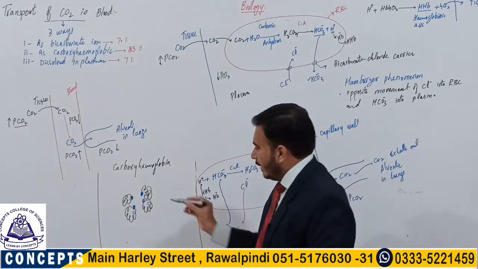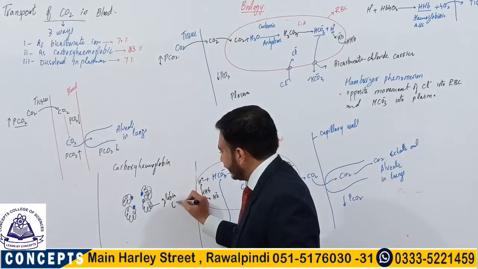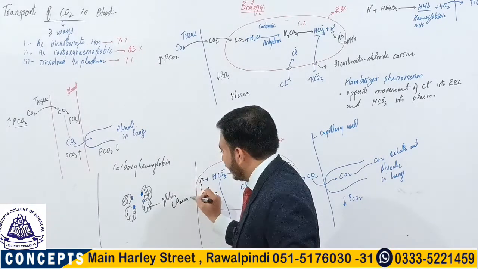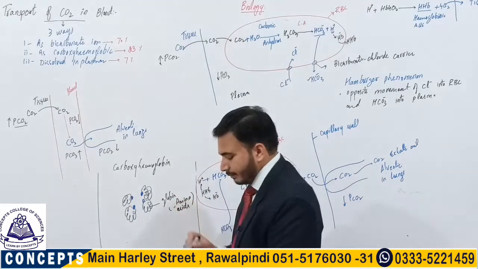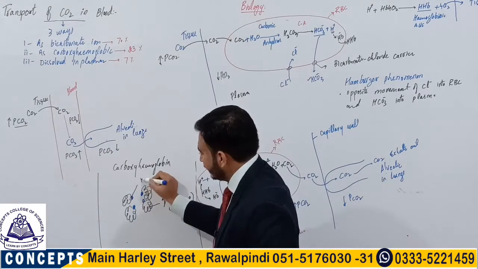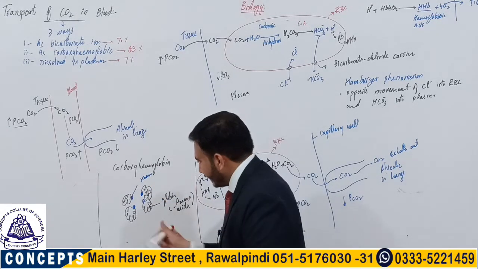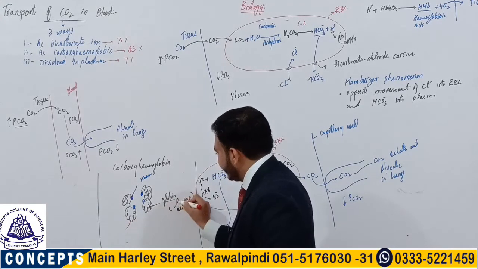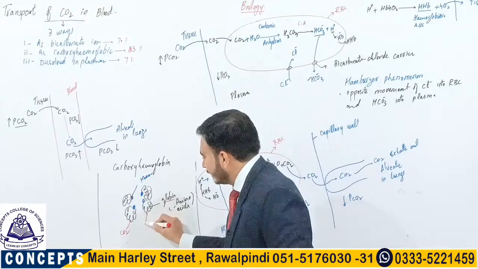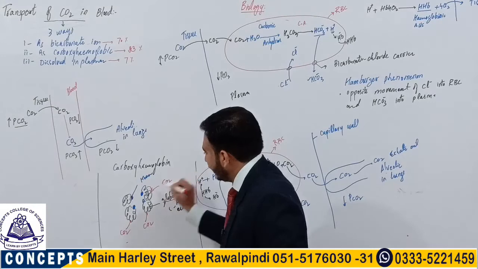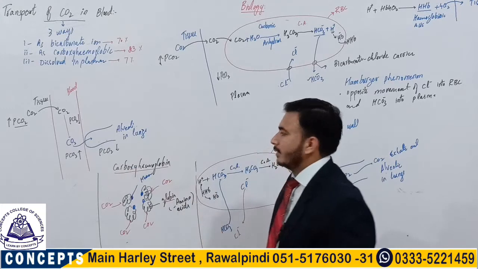You can see the black color is the globin part, the protein, that is, amino acids, and the blue color shows the heme group. So carbon dioxide basically attaches to the globin part, meaning protein and amino acids, and is transported as carboxyhemoglobin.